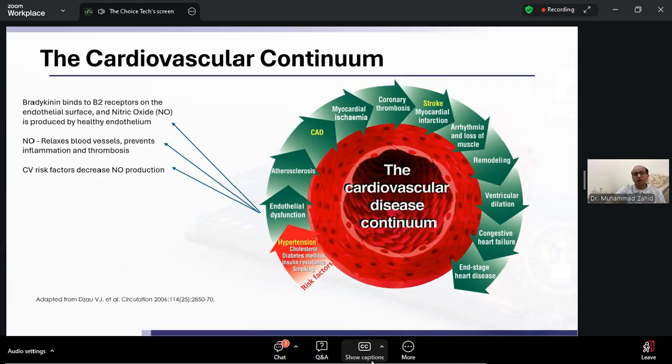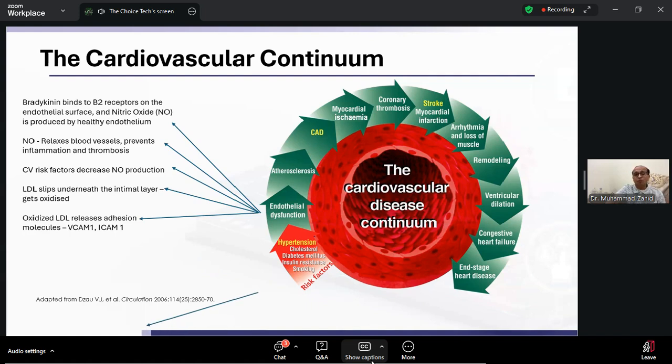It allows the LDL, the low density lipoproteins, to seep inside the intimal layer, and it gets oxidized. The oxidized LDL then produces adhesion molecules, which leads to foam cell formation and atherosclerosis.